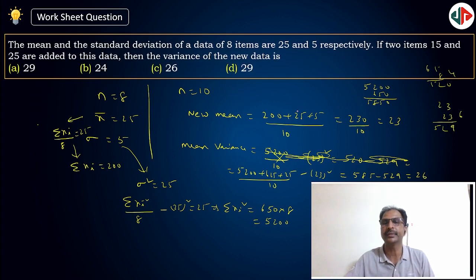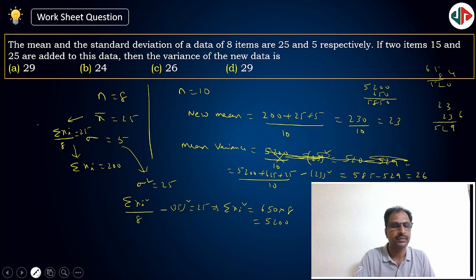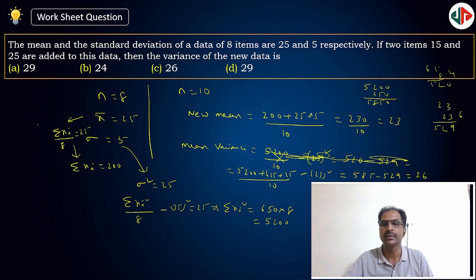Here the two items which are added are 15 and 25, not 10 and 5. So here I wrote it wrong. So the new mean is 240 by 10, that is 24. Here also 5200 plus 15² plus 25². 25² is 625, 15² is 225.